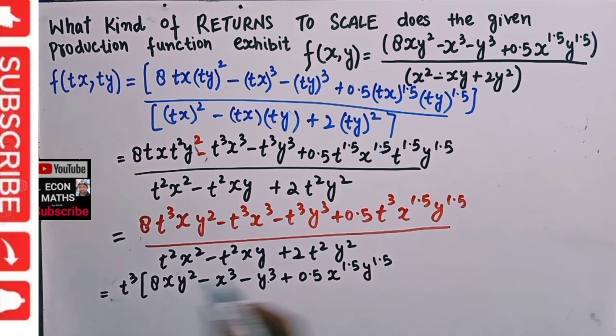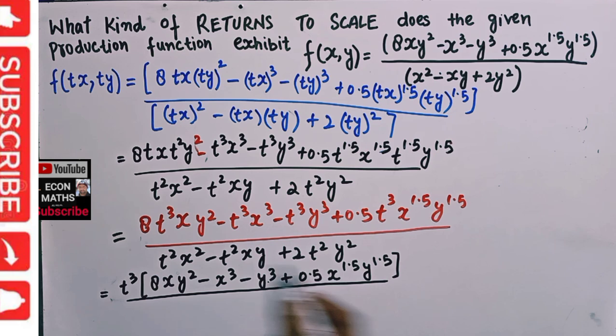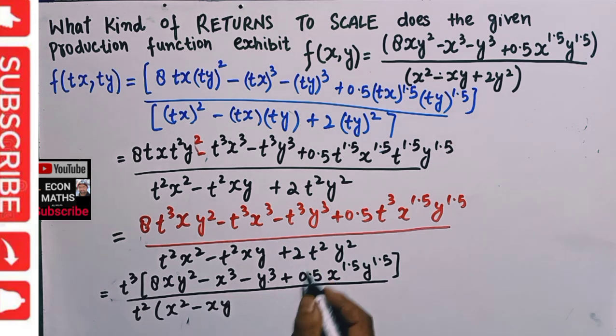We have factored out t cube in all these terms. Divided by, let's factor this t square. So factoring t square out, we are left with x square minus xy plus twice y square.